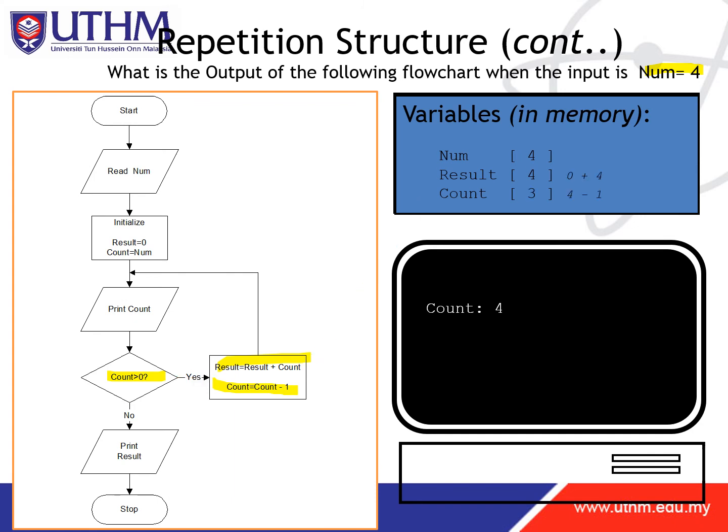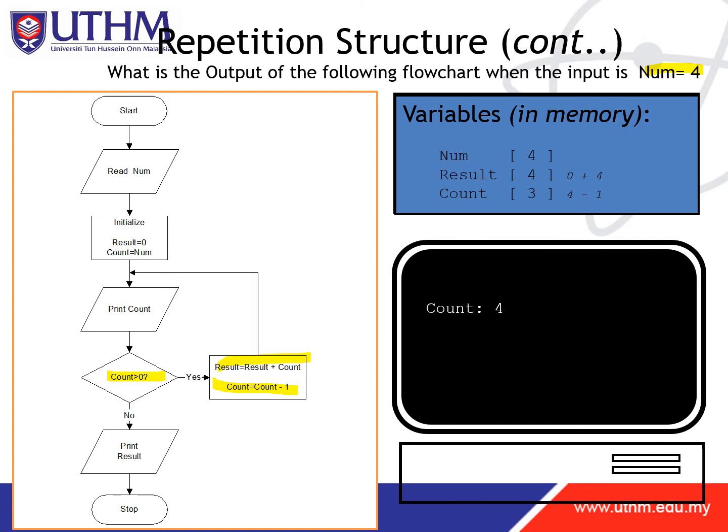So what happened here is, result equal to result plus count, means it's 0 plus 4. And then count is equal to count minus 1, means the previous count, 4 minus 1, then you get 3. So when you trace this, later you need to take out the paper, then you can practice it.